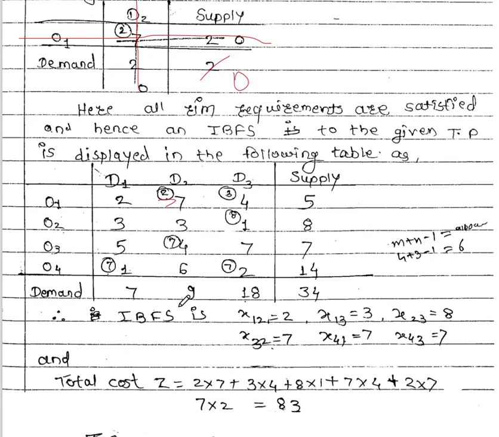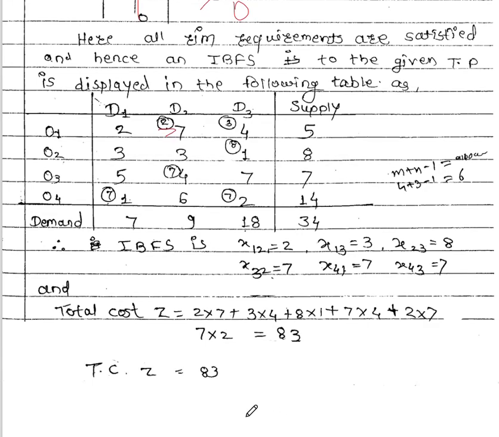So these are the initial basic feasible solution. Then the total cost of this transportation table is z equal to 2 into 7 plus 3 into 4 plus 8 into 1 plus 7 into 4 plus 7 into 1 plus 7 into 2. If you take the multiplication and addition, you will get the total cost z that is 83. So this is the total cost of the given transportation problem.